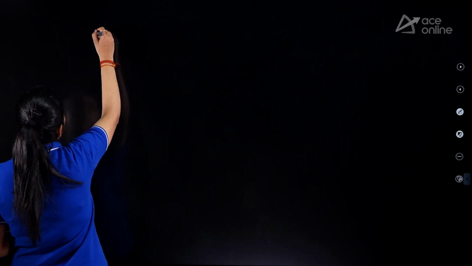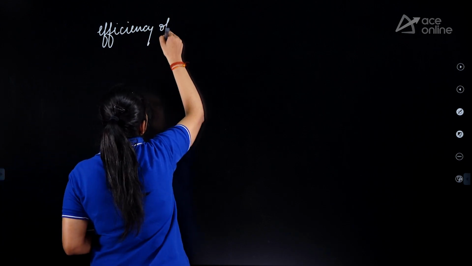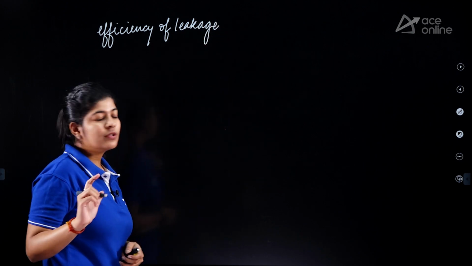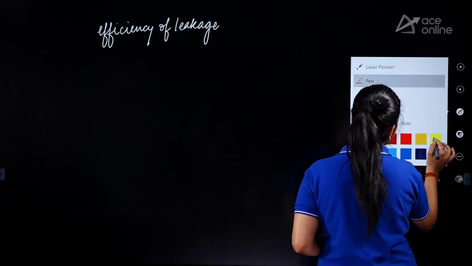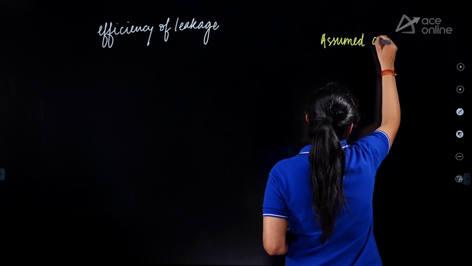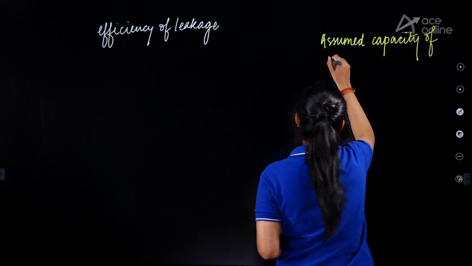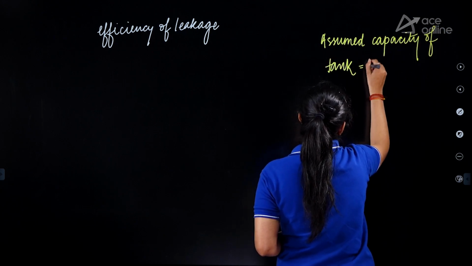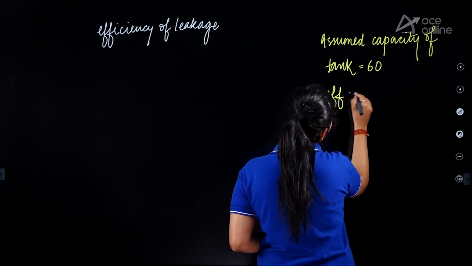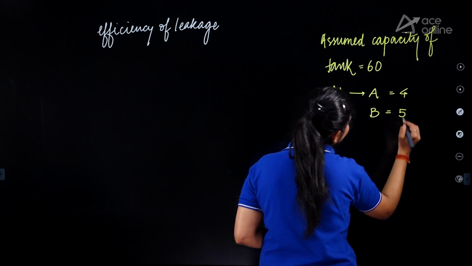So for the efficiency of leakage, we know that the assumed capacity of the tank is 60, right? The efficiency of A is 4 and the efficiency of B is 5.